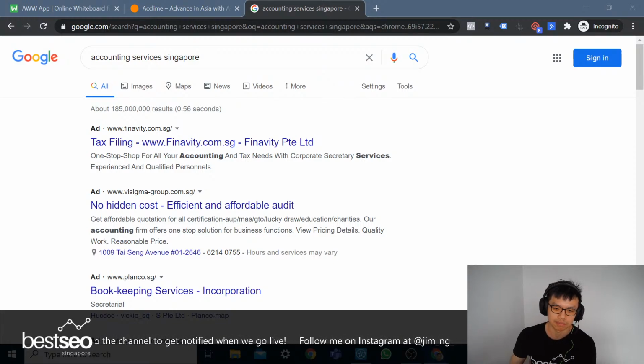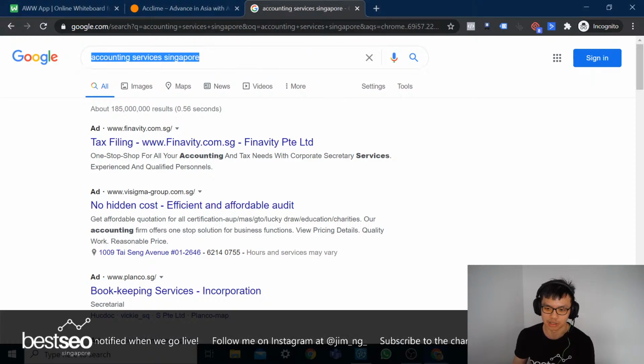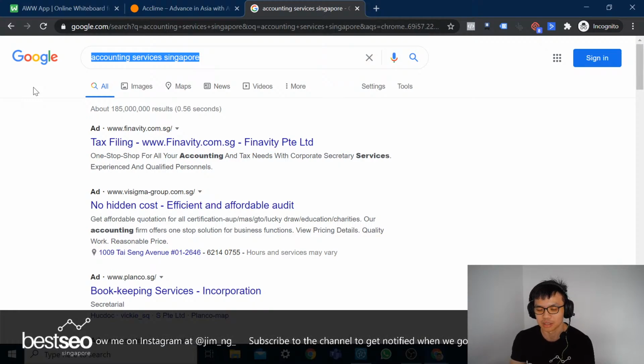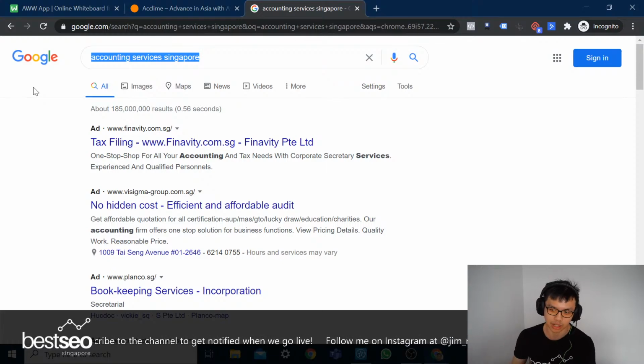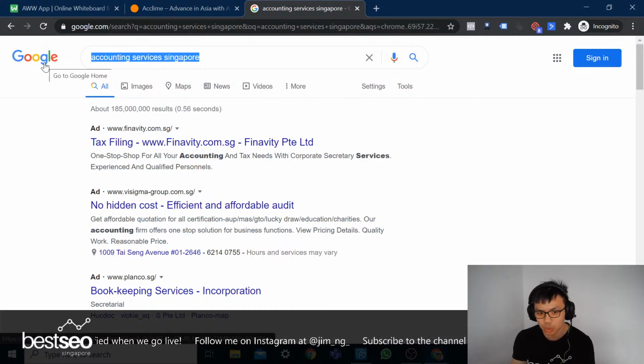Realistically, the first thing that I would do whenever I go to any industry, in this case the accounting industry, is start googling for accounting services Singapore and take a look at what your competitors are doing. We can look at where the lowest lying fruit is in any given business, and that is definitely going to be Google, because Google is where people are problem aware and are actively looking for a solution.